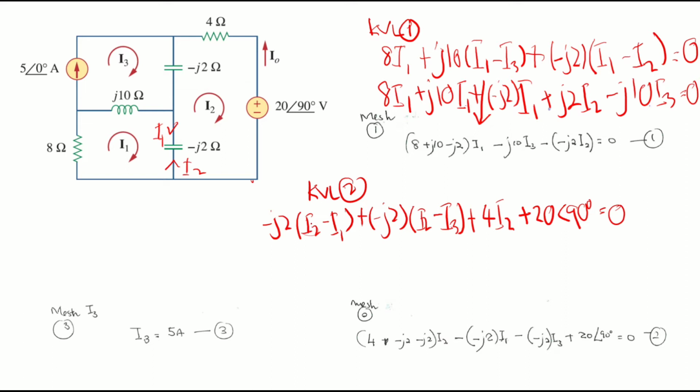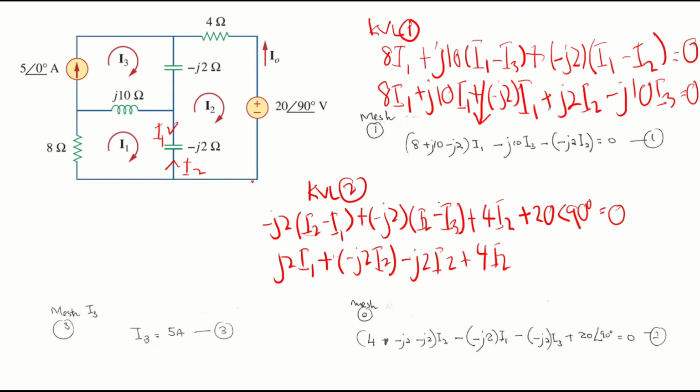So if you want to simplify it, we have J2 I1, and there's no I1 here, there's no I1 here, plus I2, we have minus J2 I2, and then we have another one, actually minus J2 I2, and plus 4I2.